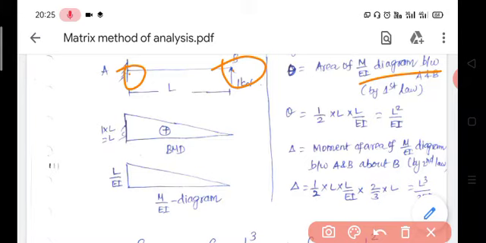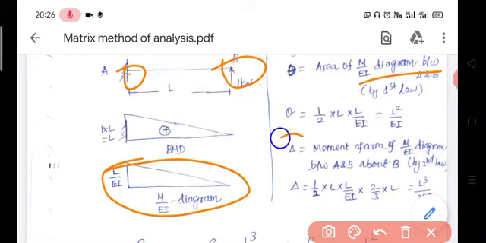So theta is equal to the area of the M by EI diagram. The M by EI diagram is triangular in shape, so theta is equal to half into L into L by EI, which is equal to L square by 2EI.